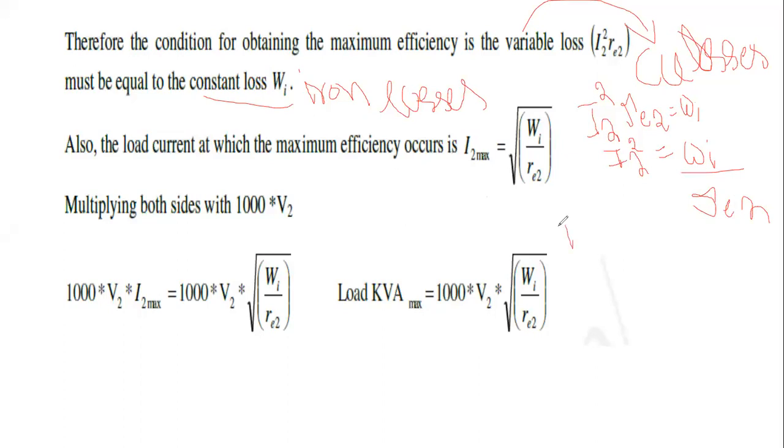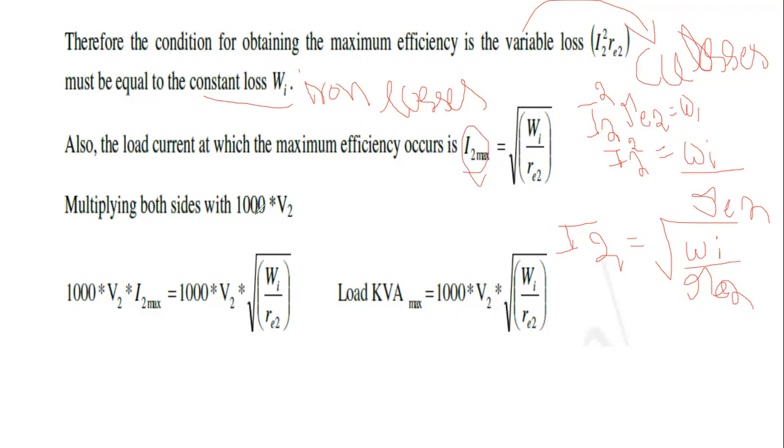Therefore, the maximum current I2 is equal to the square root of Wi by R2. Wi is the iron losses, R is the resistance and I is the current. Therefore, I2 max is equal to the square root of Wi by R2.